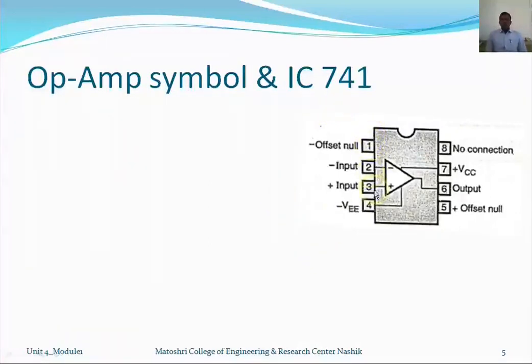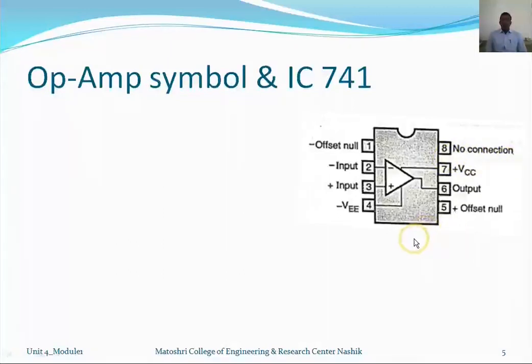This IC has 8 terminals, in which the first and fifth are the offset null terminals, second and third are the input terminals, fourth and seventh are the supply terminals, and sixth is the output terminal, whereas the 8th terminal has no connection, meaning it's an open terminal.